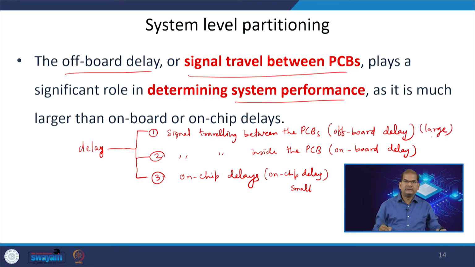So, since the delay at each step is important in determining the system performance, I need to optimize the largest one to improve the overall speed of the system. So, we should take a significant amount of care to optimize the delay of the signal traveling between the PCBs.